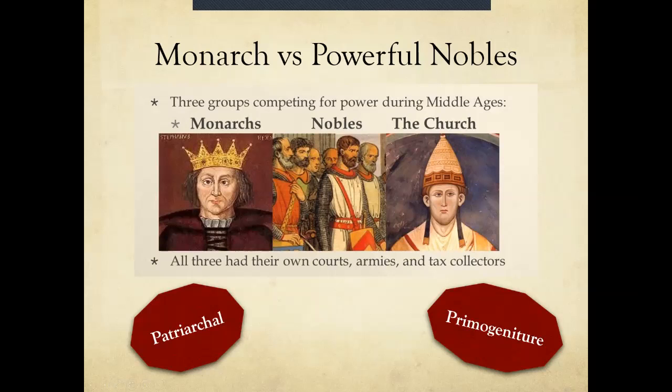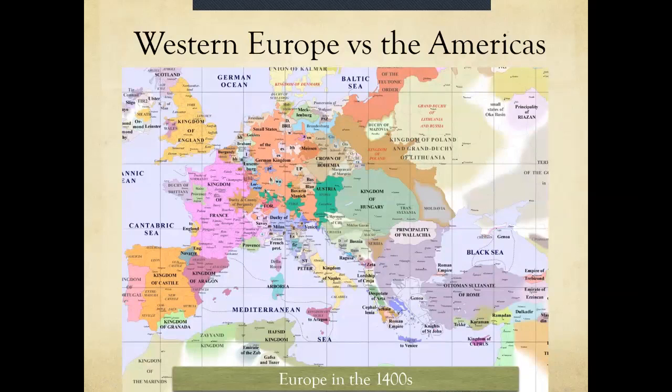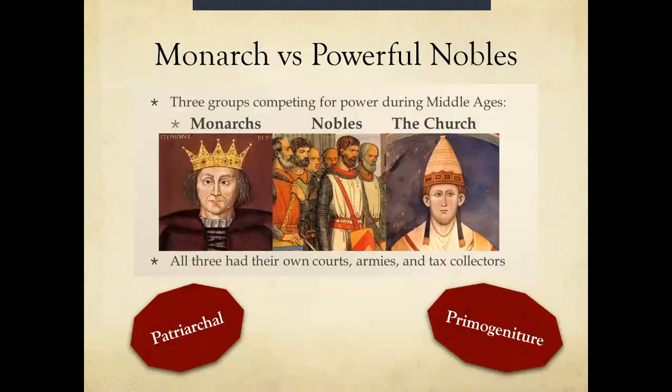And the reason for this is because if we go back to this idea of all these little principalities, land is scarce. That's one of the problems that Europeans will have, is that there's not an abundance of land. So if in my family I have 1,000 acres of land, that is what makes me part of the nobility. Land is power and is wealth in Europe.